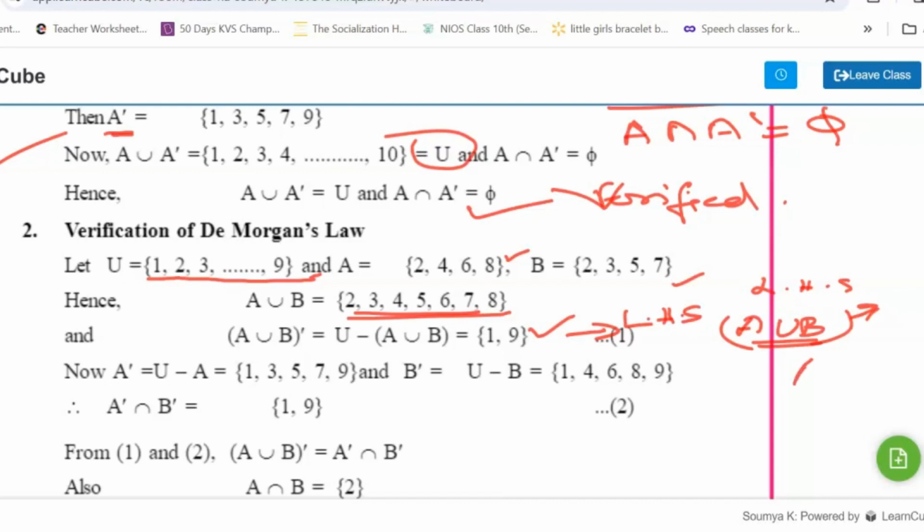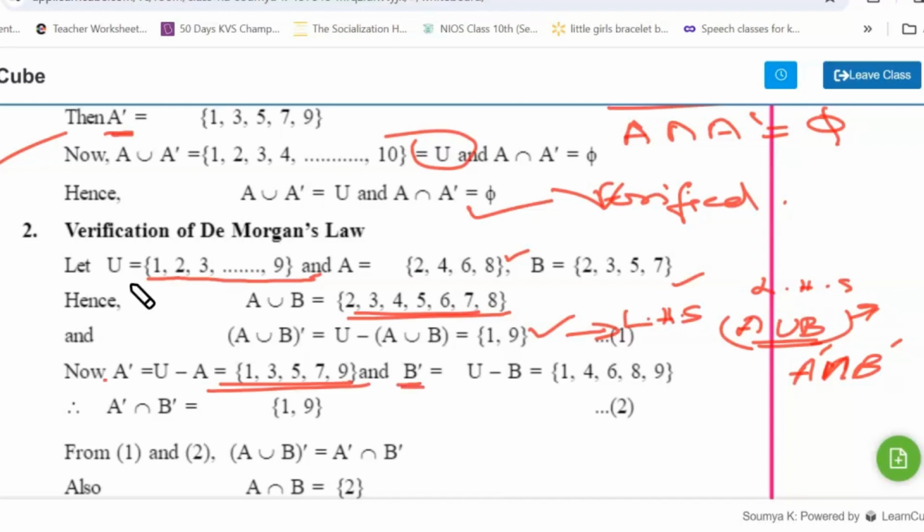Okay, this we got from our left hand side. Now the right hand side says A complement intersection with B complement will be the similar result. So let's check that too. A complement, once taken, will be 1, 3, 5, 7, 9, since 2, 4, 6, 8 are removed.